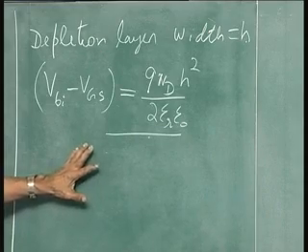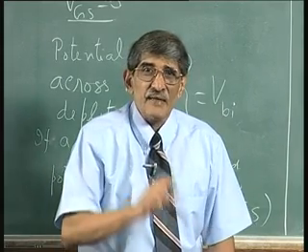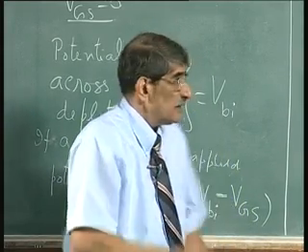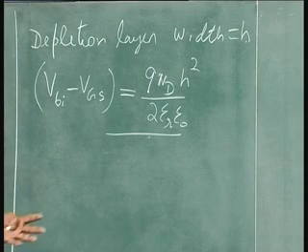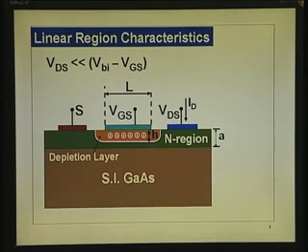Please remember, we are using only this equation in the analysis completely, because if you want to find the channel thickness now, originally it was A, now it has been reduced by some amount H. Okay. You go back to this slide here, see here, the original channel thickness is A, it is reduced by this depletion layer width, because out of this portion thickness A, this entire thickness H is occupied by the depletion layer, no mobile carriers are there.